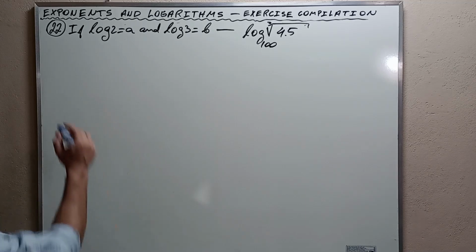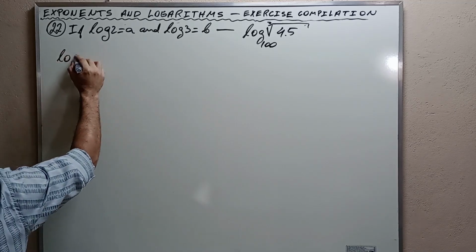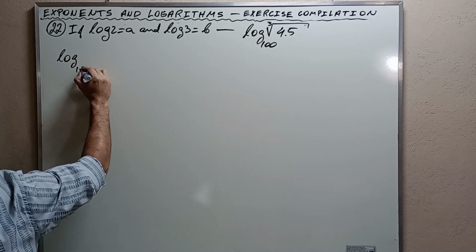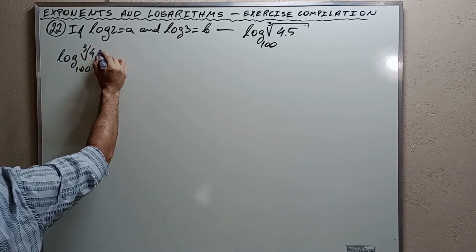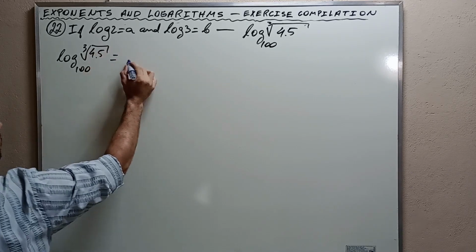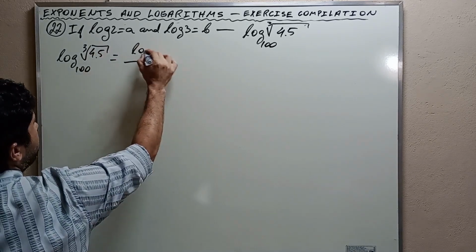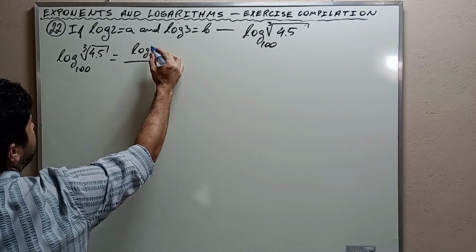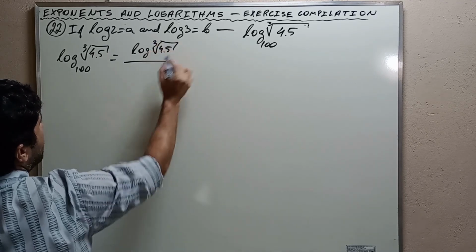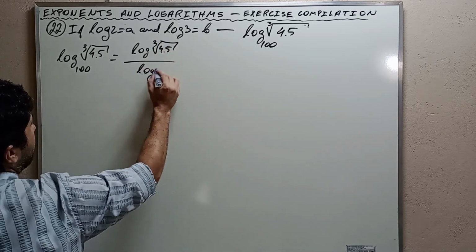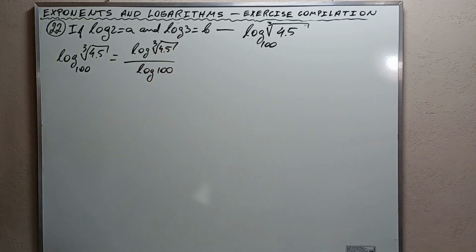Okay, the logarithm base 100 of the cube root of 4.5 is equal to the logarithm base 10 of the cube root of 4.5 divided by the logarithm base 10 of 100.